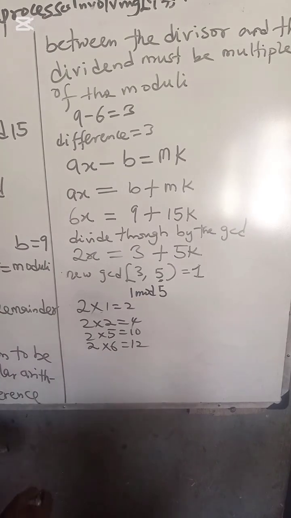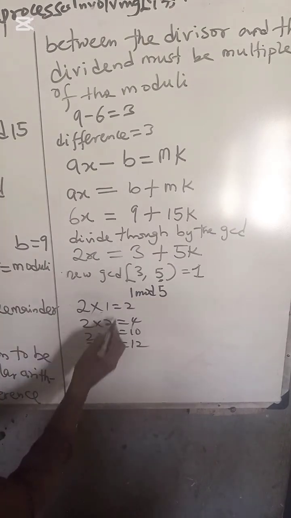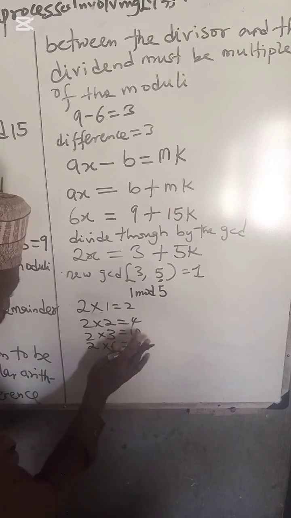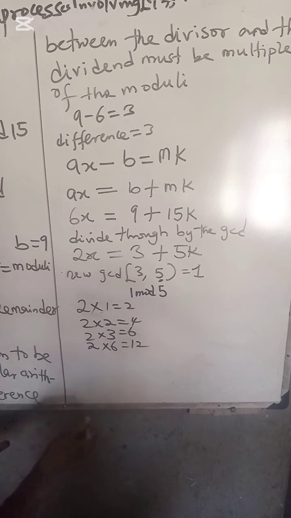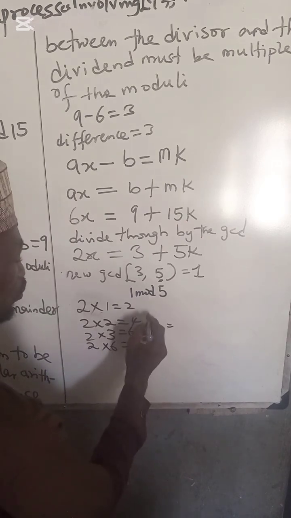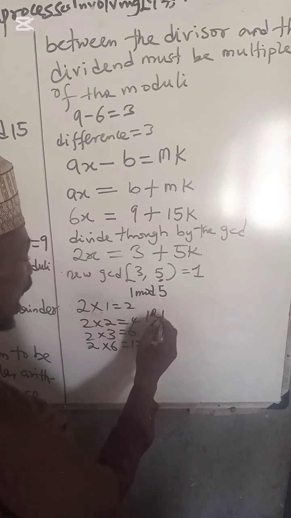Oh, we've jumped a number. 2 times 3 is 6. 5 in 6 is 1 remainder 1.